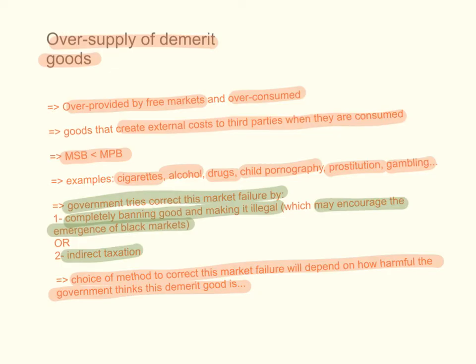The government can correct any of these market failures either through direct provision in the case of public goods and merit goods, or subsidization in the case of public goods and merit goods, or through indirect taxation in the case of demerit goods, or completely banning them altogether and making them illegal.